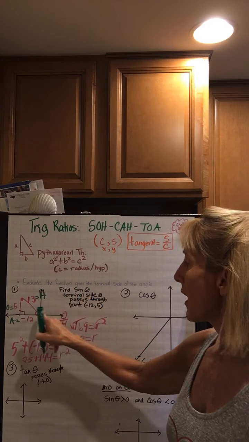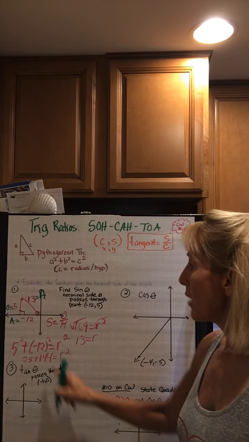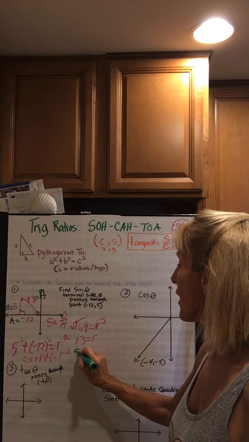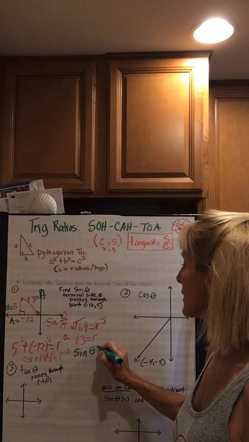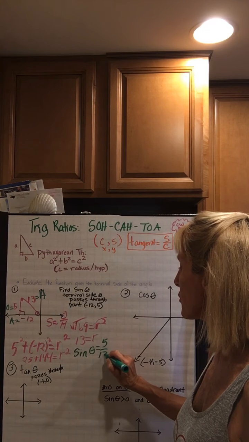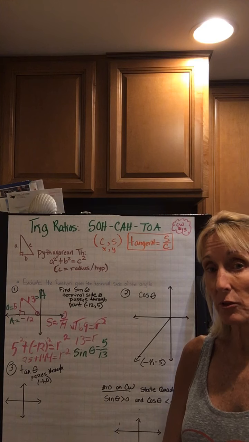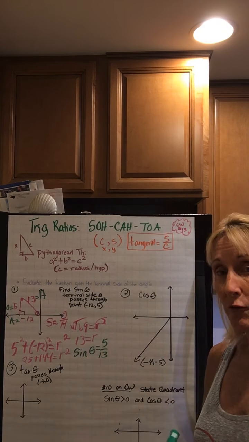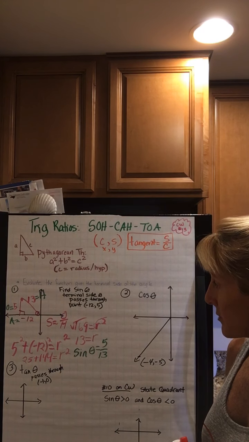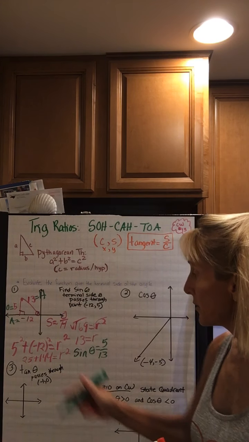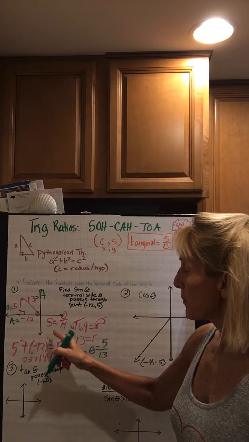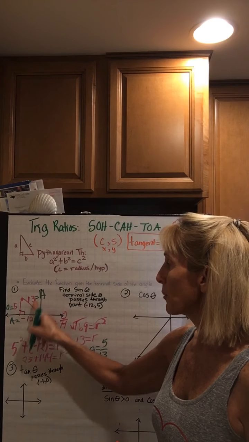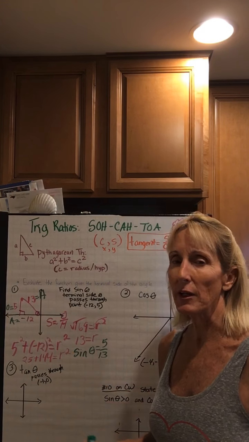If I want the sine of this angle, I go opposite over hypotenuse, so sine of theta equals 5 over 13. There's your answer, and my answer is positive. Perfect. I hope that's not too bad. You had to use the Pythagorean theorem. And by the way, because my answer was a perfect square root, these three numbers are called a Pythagorean triple.